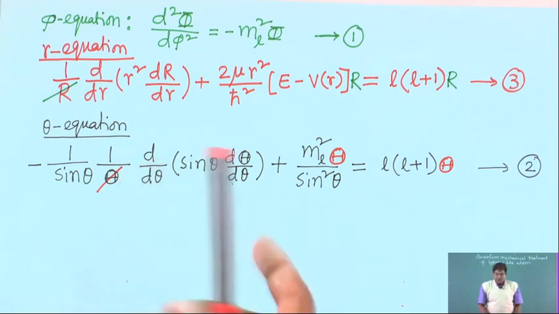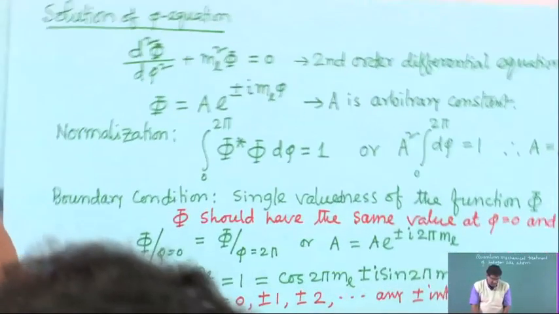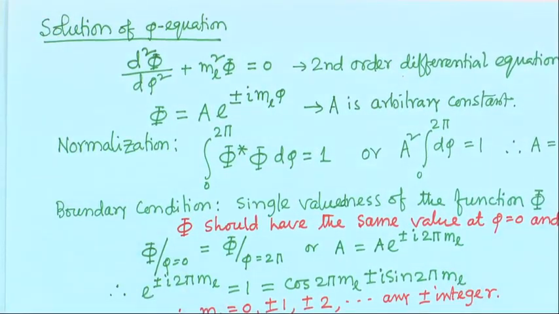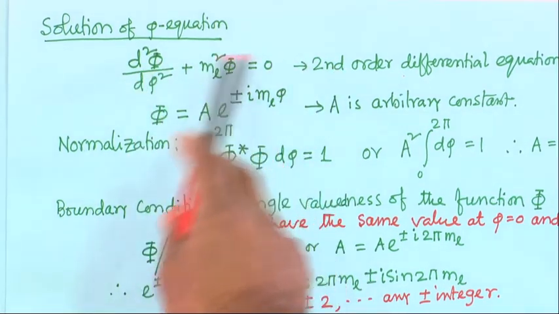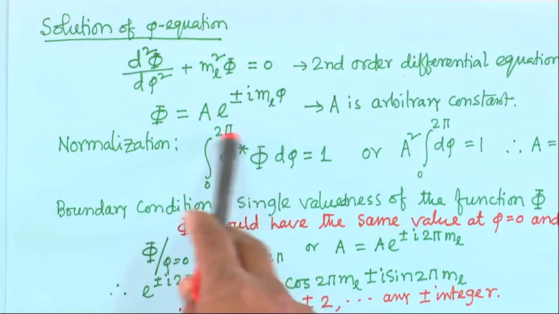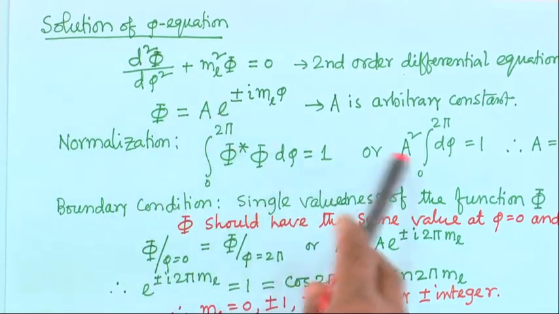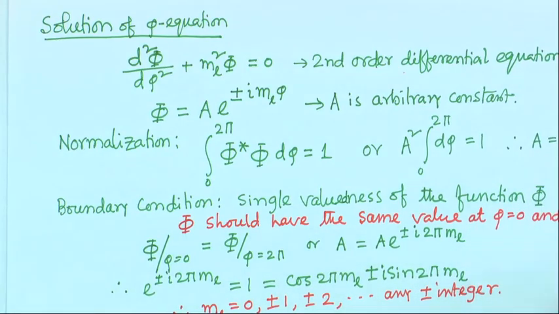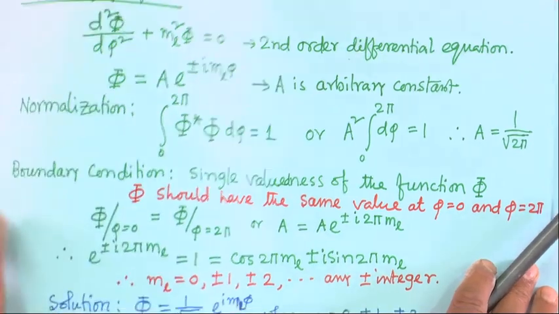Without detailed calculation, I have shown you the solution of the phi equation. This is the standard second order differential equation and its standard solution is this. And for normalization one can find out the value of A. This A value is 1 by square root of 2 pi.